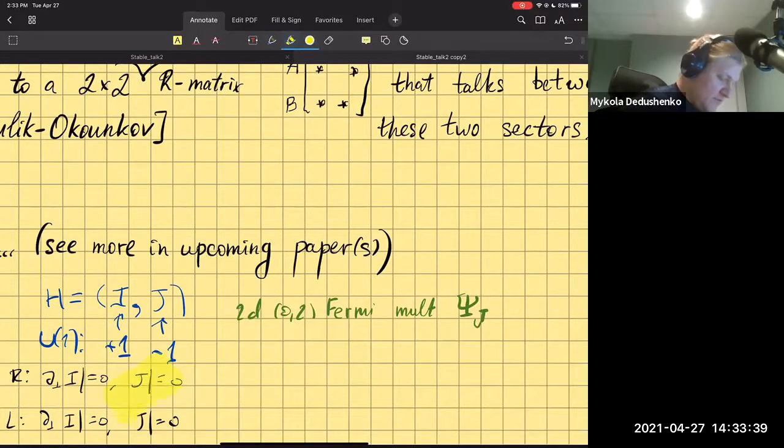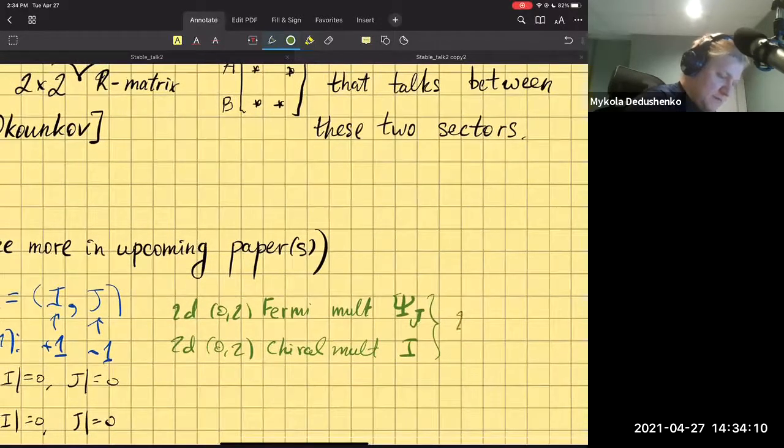That's the leftover from these boundary conditions, because they kill the bosonic field but leave certain fermions on the interval. And this thing does the opposite. It kills part of the fermions and leaves a certain boson. So you also get a 2D 0,2 chiral multiplet I. And together these two fields form a 2D 2,2 chiral.